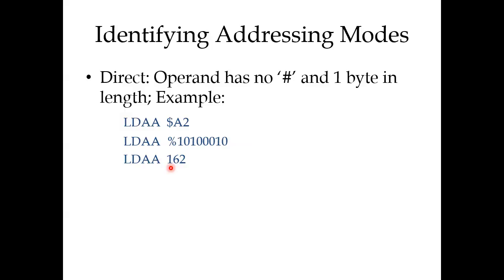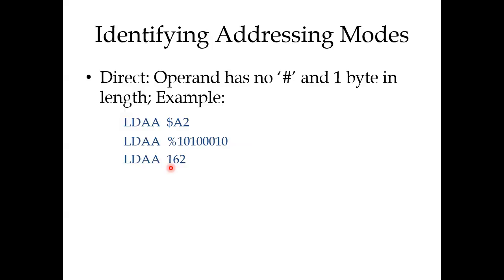But how do I know this is 1 byte? Because I have to know whether this is 1 byte or more. Any idea? No clue? Exactly. If it is unsigned, it has to be 255 or less. Remember, the maximum we can write is 255. That means all you have to check is whether the decimal number is 255 or less.